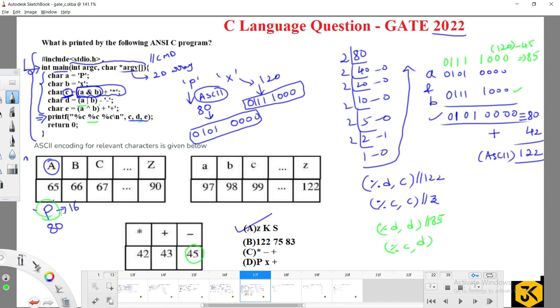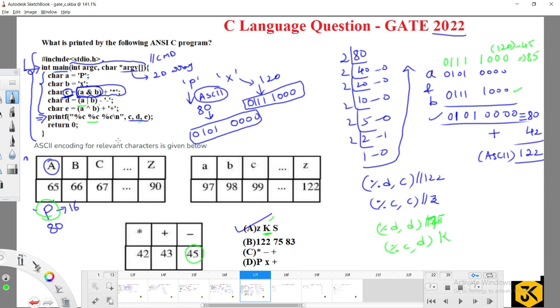So P is 80, and 75 comes before P, so I think it is K. It is K, because here itself you have the answer.